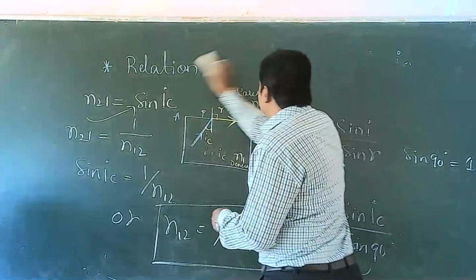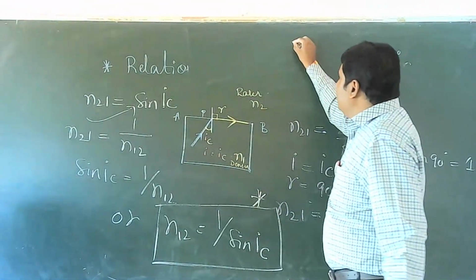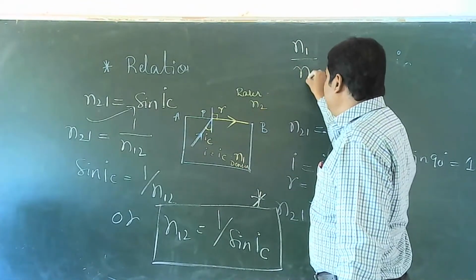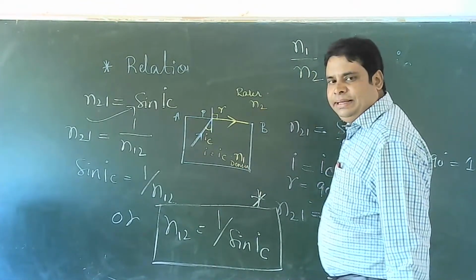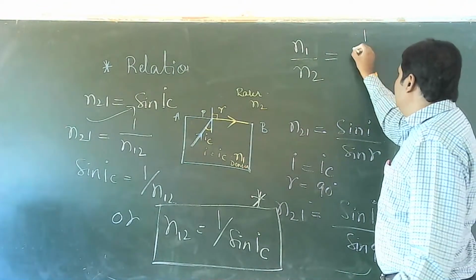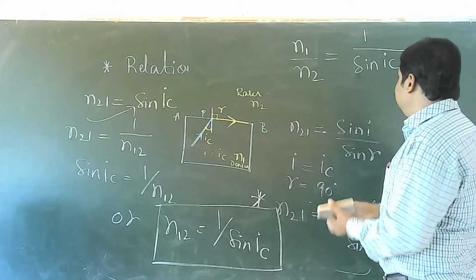N12 means N1 divided by N2, is equal to 1 divided by sin IC.